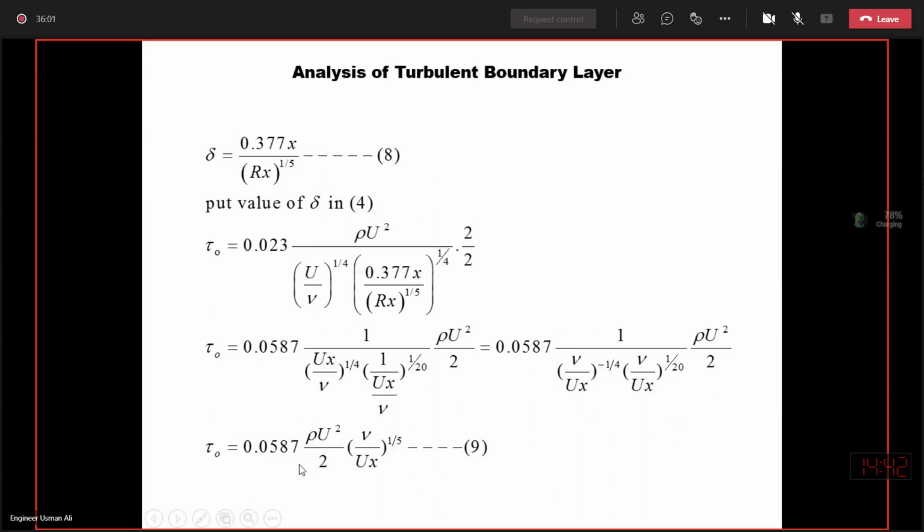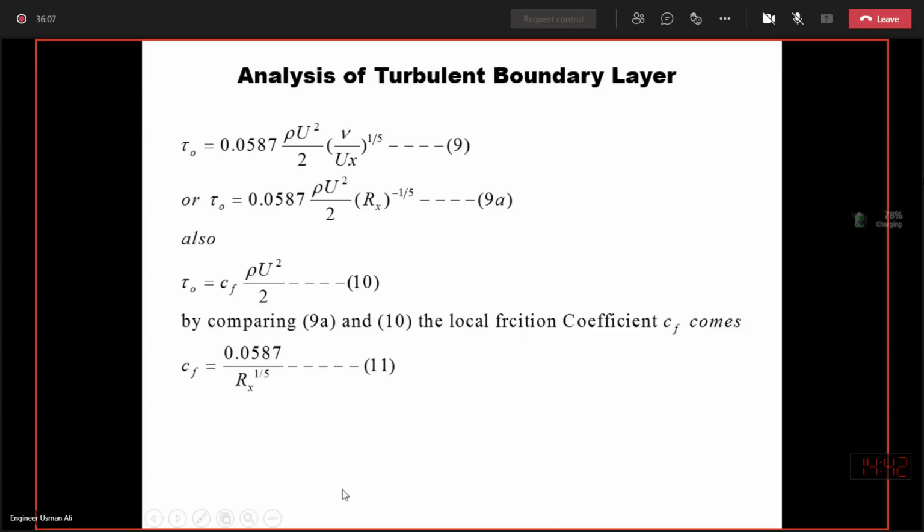So this will be 0.0587 rho u square by 2 into nu over ux power 1 by 5. This is equation number 9 or 9a that you have to keep in mind for the shearing stress in turbulent flow: 0.0587 rho u square by 2 into Rx power minus 1 by 5.